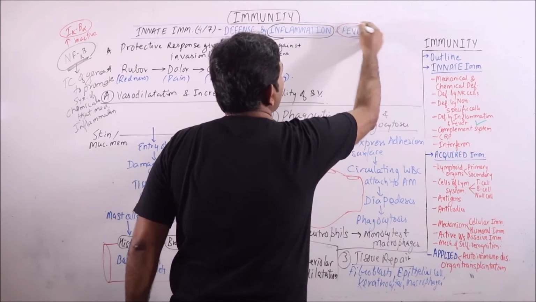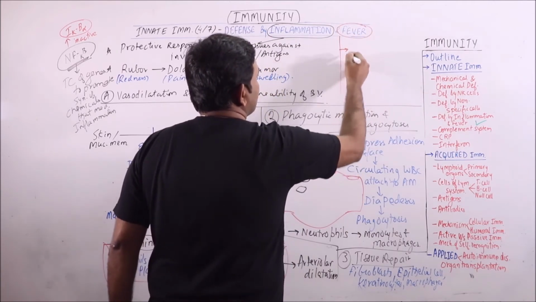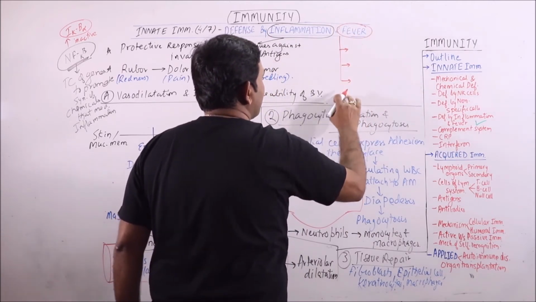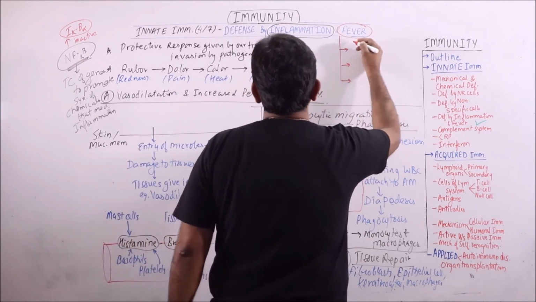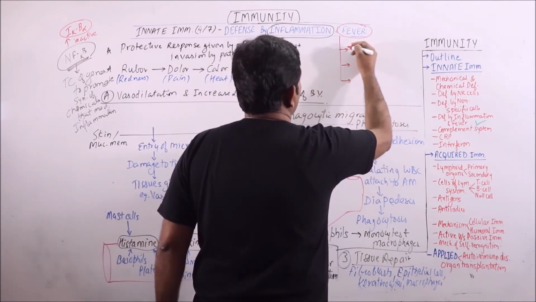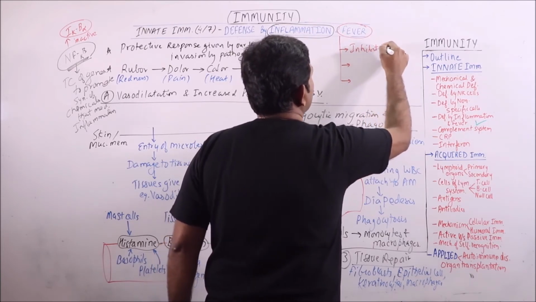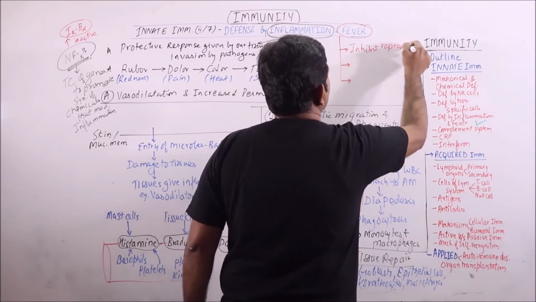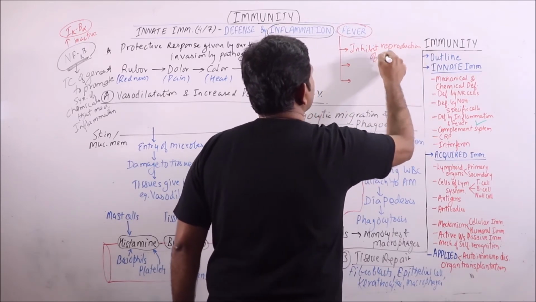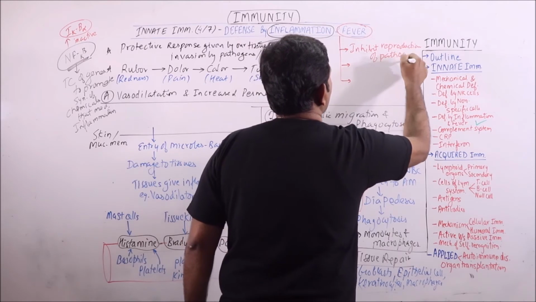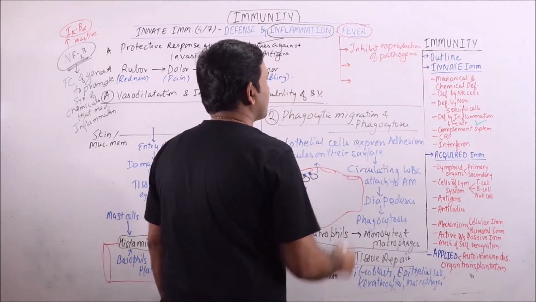Now the fever. There are three important steps of fever which play an important role in immunity. These inhibit the reproduction of pathogens.